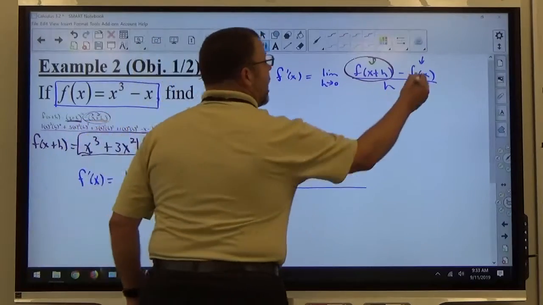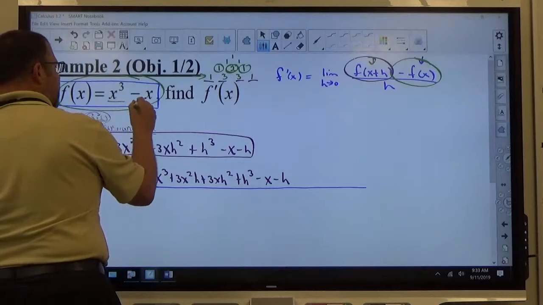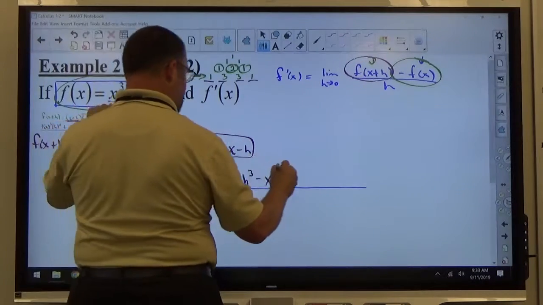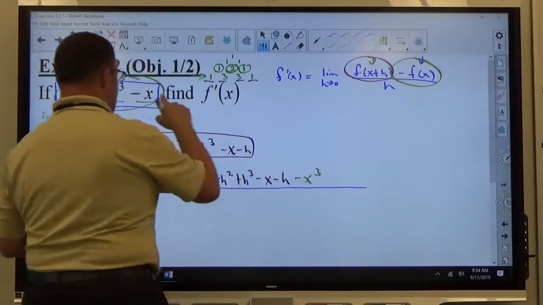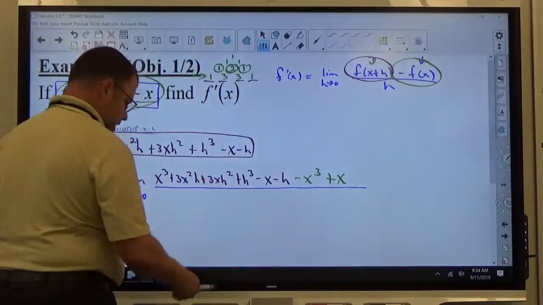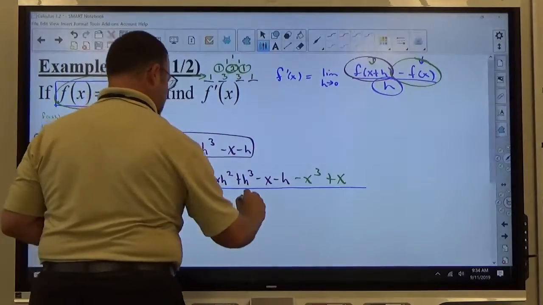We're subtracting f of x, and f of x is this expression. So if I'm subtracting these things, it's just going to subtract each object, changing its sign. So it's going to be minus x cubed, and minus x will be plus x. And then the last bit of the definition says h goes in the bottom, so I'm going to put h on the bottom.